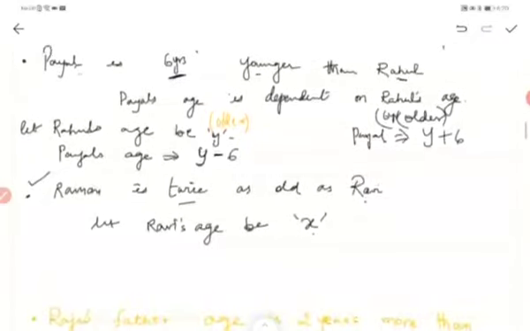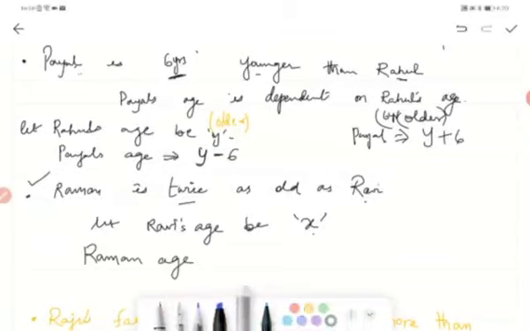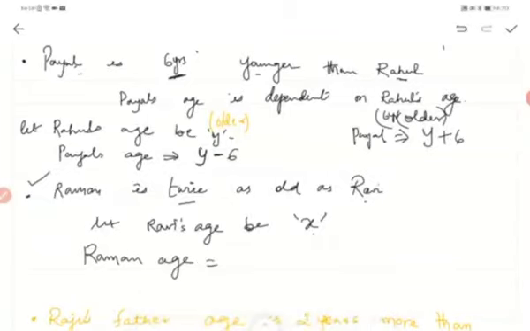Okay, so now what will be Raman's age? Raman's age will be equal to twice as old as Ravi, meaning 2 times, so 2 into x.